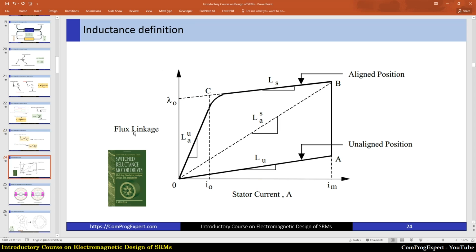Now let's discuss inductances that we have in this motor type, right? Review few definitions, inductance definitions. We use these definitions when we develop the output equation of the motor.